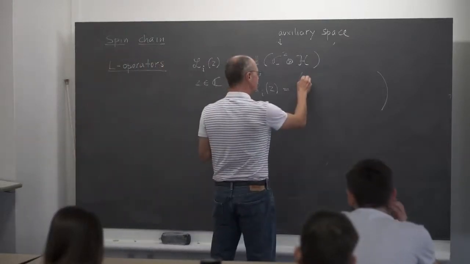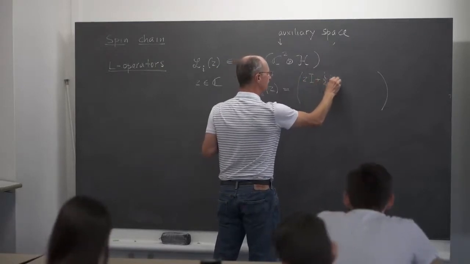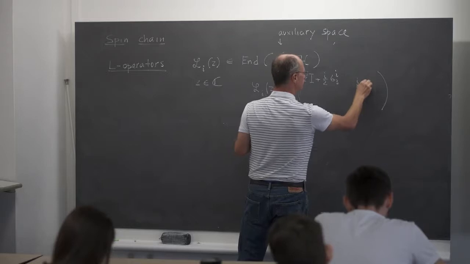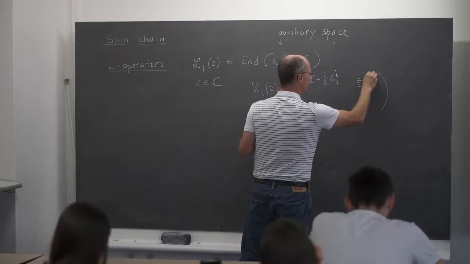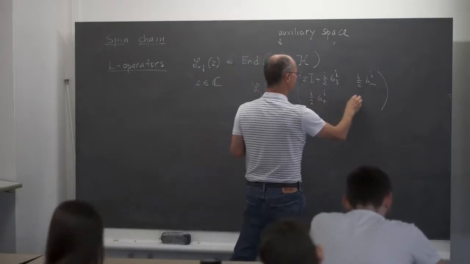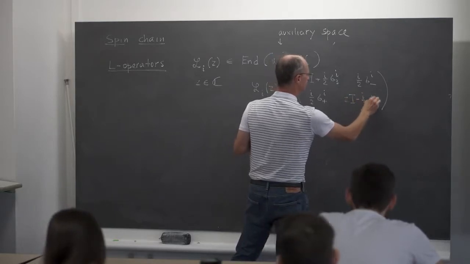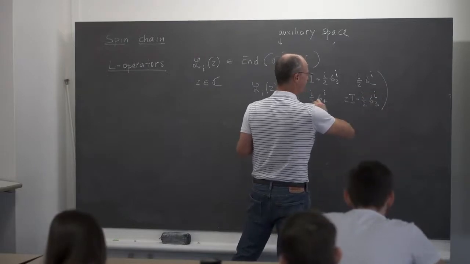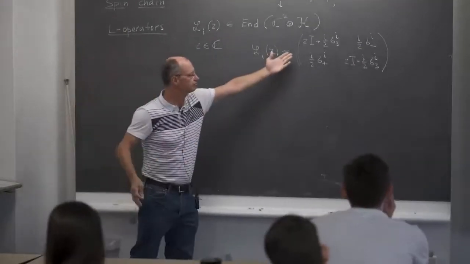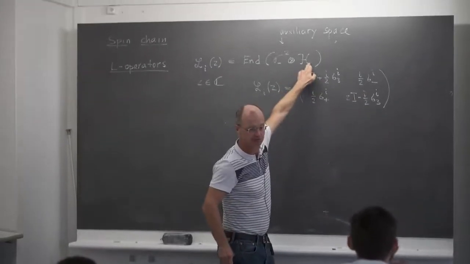Here it will be z times the unit matrix plus i over 2 sigma 3 i. Here it will be i over 2 sigma minus i, over 2 sigma plus i, and z minus i over 2 sigma 3 i. Right. So that's a concrete matrix with entries being operators acting on H.